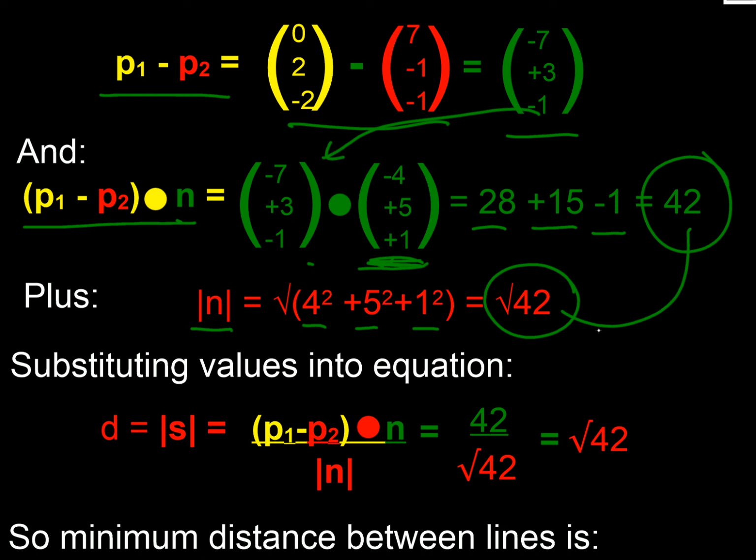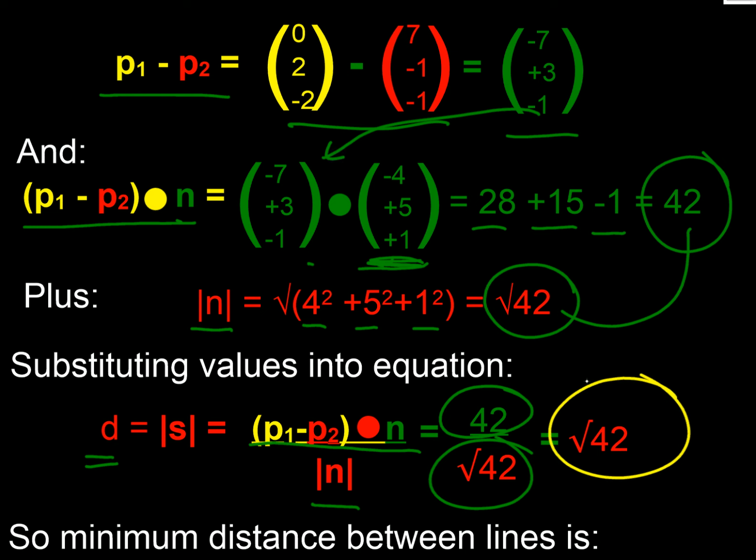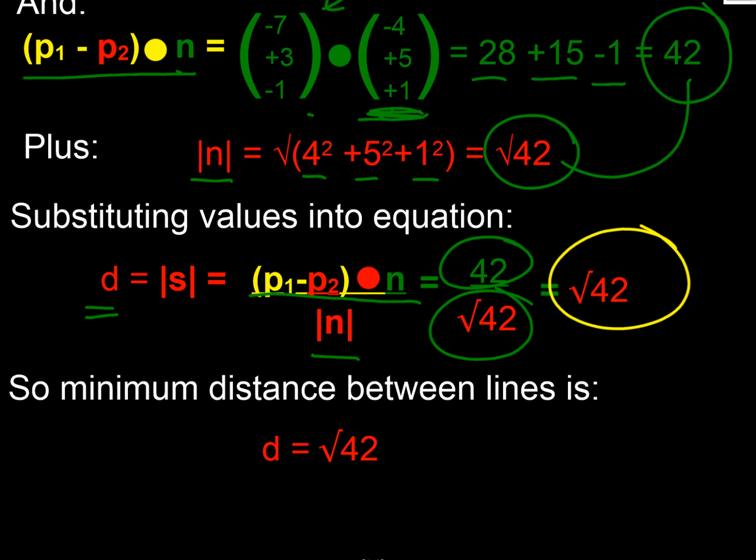They don't have to be 42. Once I know that, I can calculate my distance, because I've got the dot product on the top and the magnitude on the bottom, so I've got 42 divided by the square root of 42, which gives me a result of the square root of 42. So the minimum distance between these two lines is the square root of 42.